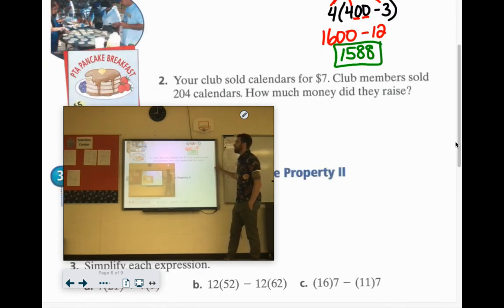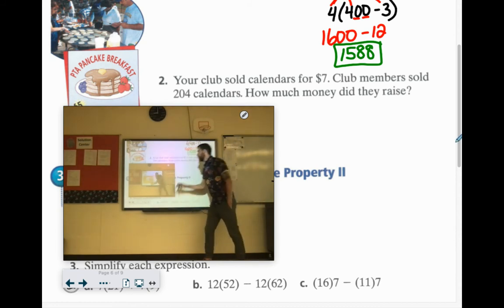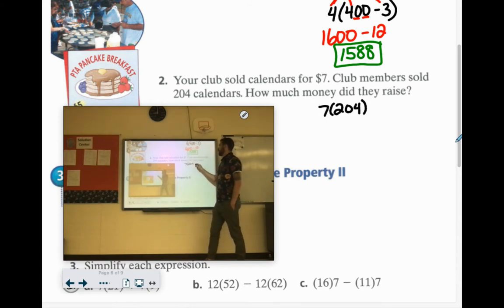Your club sold calendars for $7. Club members sold 204 calendars. How much money did they raise? So we have to do $7 times the 204 calendars. We're going to rewrite the 204 as 200 plus 4, so 7 times 200 plus 4.